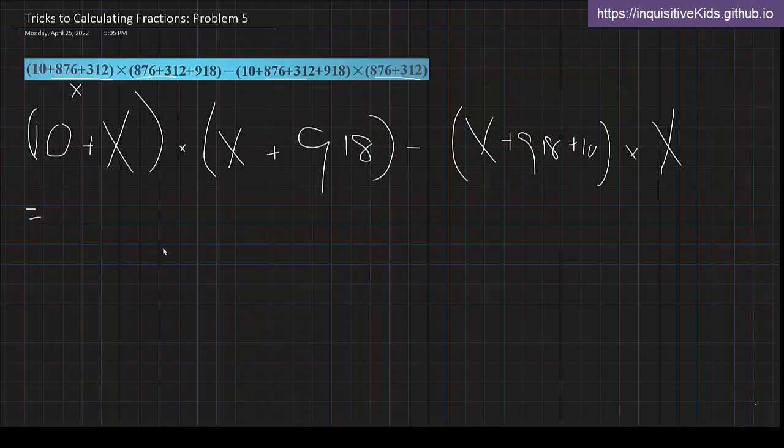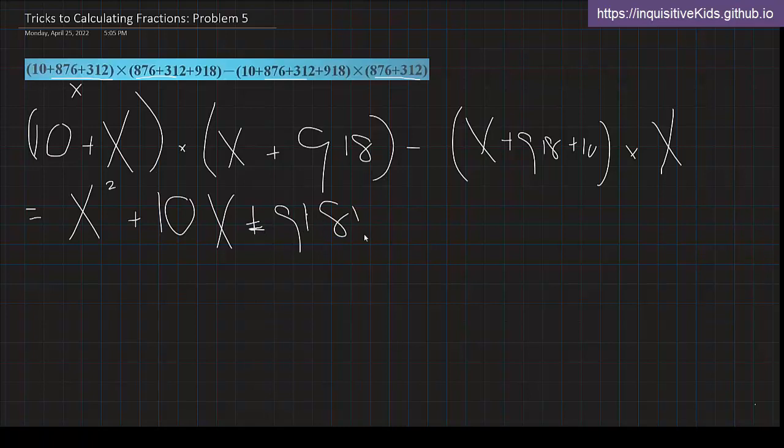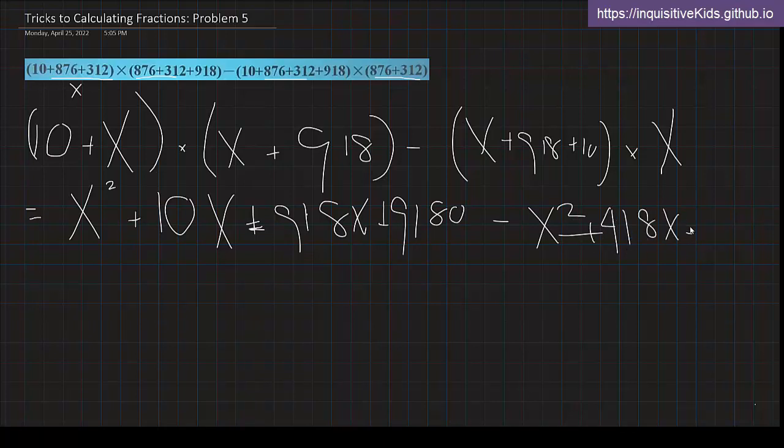Well, we're going to first multiply. So this first one will get x squared, which just means x times x, plus 10x plus 918x plus 9,180, minus x squared plus 918x plus 10x.